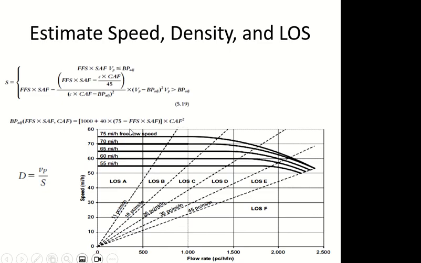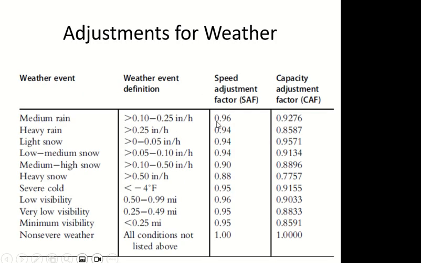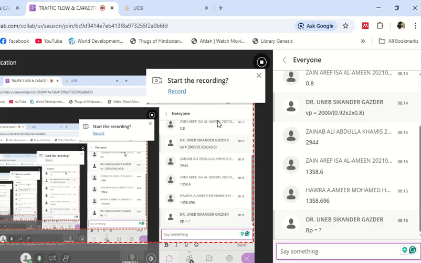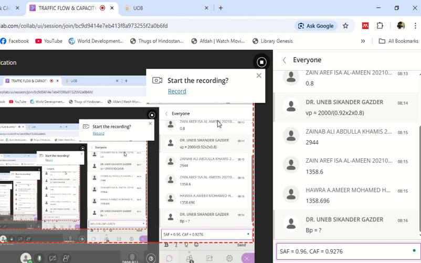First thing, after the flow rate, I have to find the breakpoint. What are the adjustment factors here? For speed, 0.96, and the capacity is 0.9276.